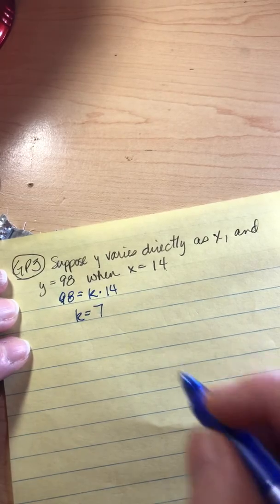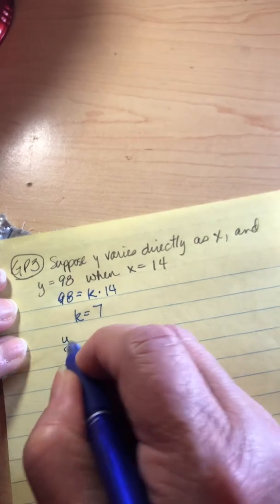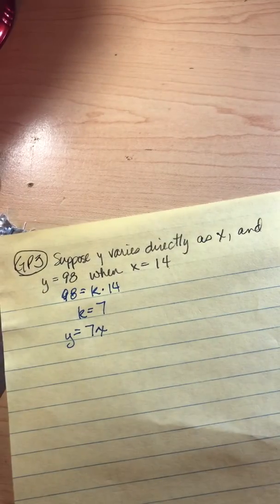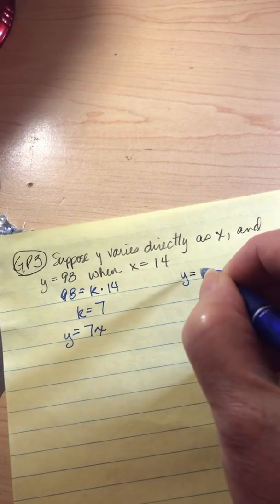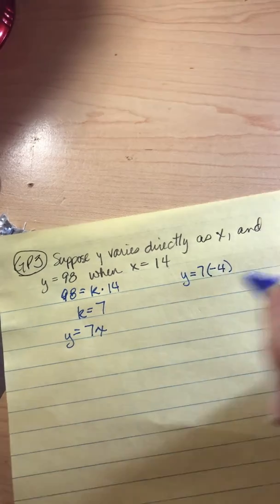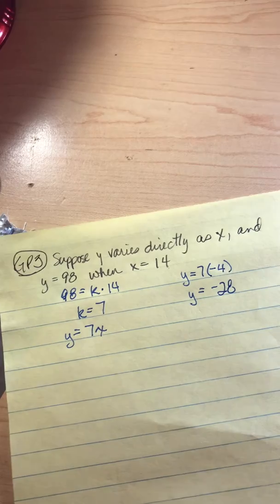Well, that means that my direct variation equation is y equals 7x. So that idea is important. And then it says, find y when x equals negative 4. Well, that's easy because you just multiply.